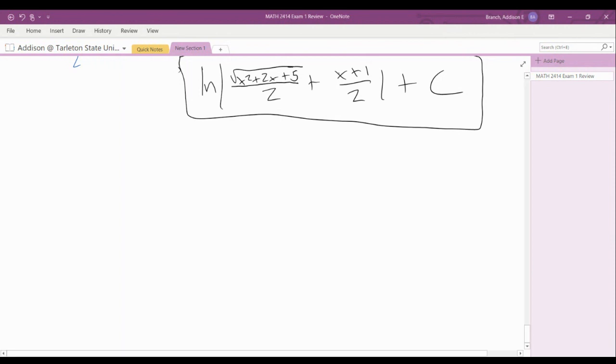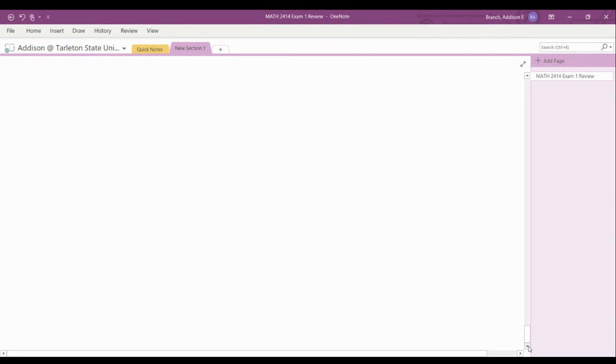All right, so our next section that we need to cover for this exam is going to be section 7.4, which is partial fractions.